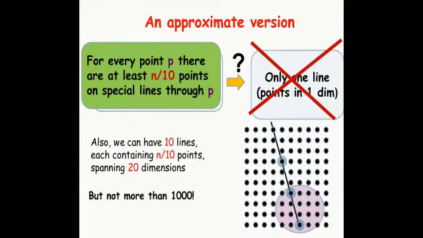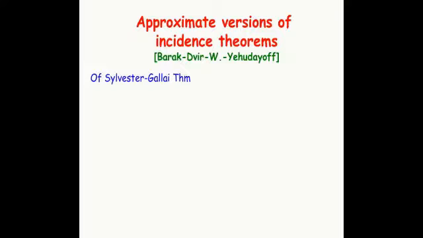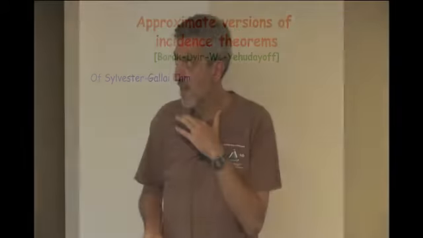So this will never happen in more than 1,000 dimensions. That's the result. More specifically, let me tell you the general result. You can always conclude that they'll be limited to a low-dimensional space. Here's a theorem that's joint work with Barak, Dvir, and Yehudayev.